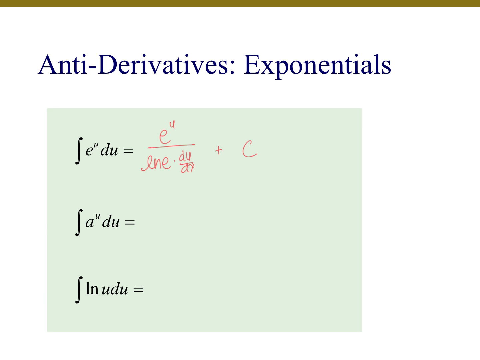So make sure you are remembering it's the anti-chain rule now. We're dividing by that value. A to the u divided by the natural log of a, and then the chain rule of du dx. So it's the division.